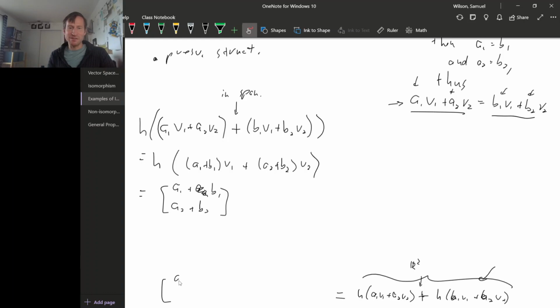H just picks off the coefficients and stuffs them into a vector like this. Okay, and then H of B1 V1 plus B2 V2, that's (B1, B2). And then if we do this vector addition in R2, we do indeed get that. So this shows that vector addition is preserved.